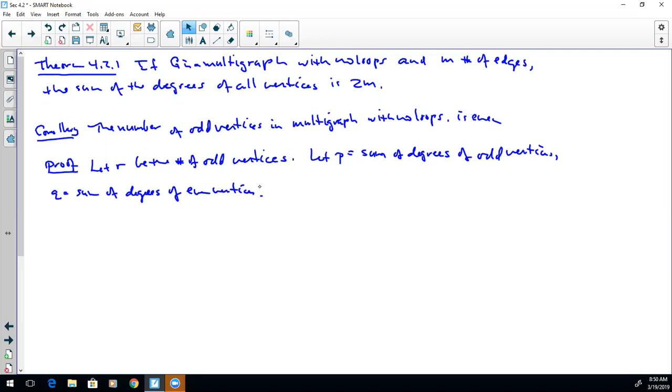Okay. Now, I have a multigraph with no loops, so I can use a previous theorem. So the total degrees is 2 times m.